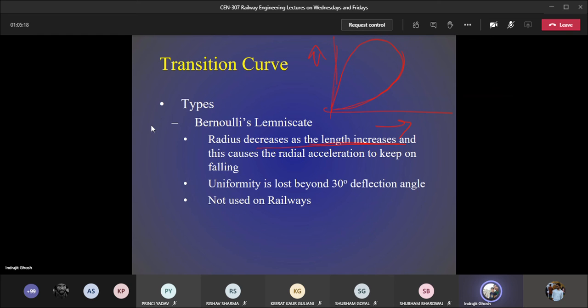That is also desirable from our side, because we want radial acceleration gradually diminishing. So everything was fine, but that uniformity of gradually falling is lost beyond a 30-degree deflection angle. So that's why we do not use it for railways.